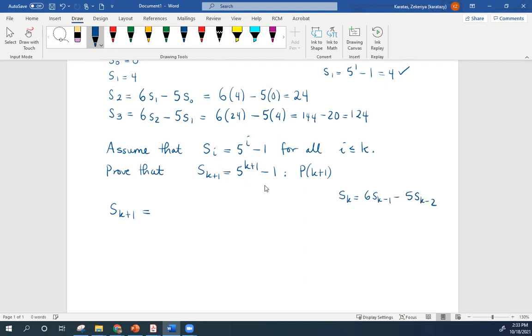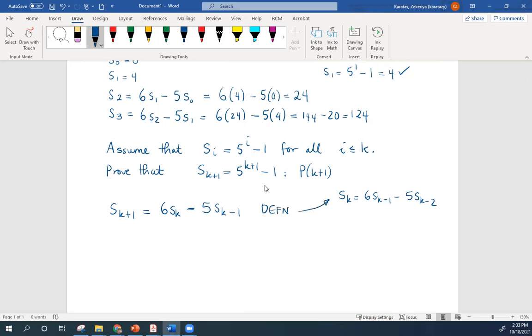So according to this one, if I write k plus 1 here, that's going to be 6 times sk, just the predecessor, minus 5 times the predecessor of sk, so it's going to be s(k-1). I hope this is clear. Just simply add 1 to both: k plus 1, k minus 1.